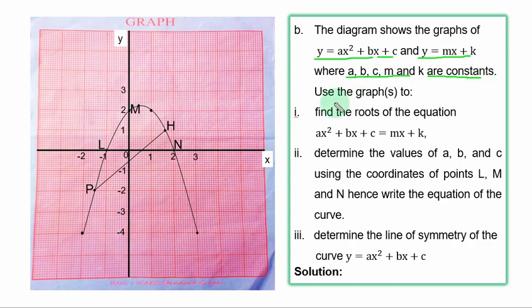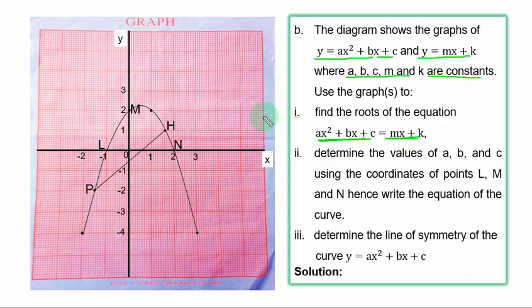Use the graphs to, remember figure 1, find the roots of the equation as squared plus bs plus c equal to ms plus k. The left hand side is the curve and the right is the line. The solution is simply the points of intersection of the curve and the line.